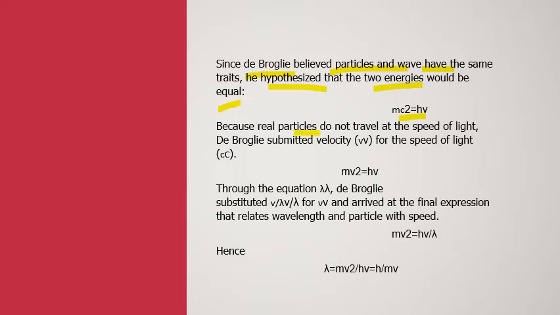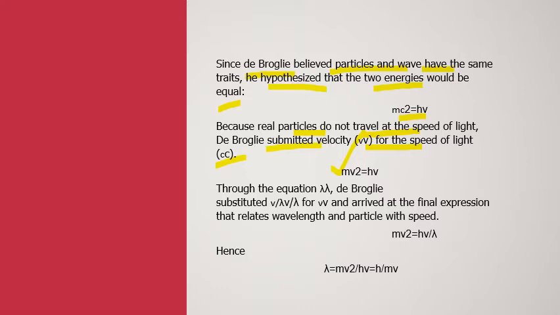Because real particles do not travel at the speed of light, de Broglie substituted the velocity v for the speed of light c, and the equation becomes mv square equals h nu. So replacing c, we put the velocity of the particle, v square.